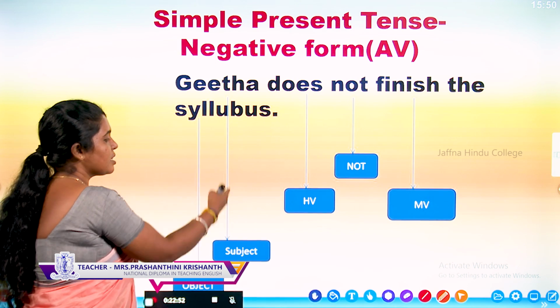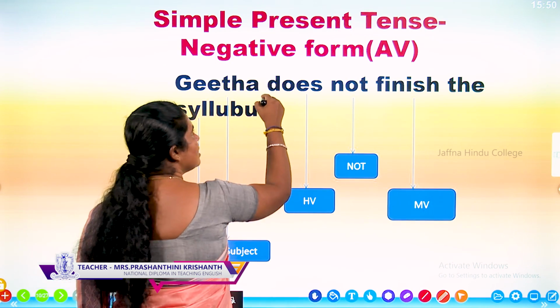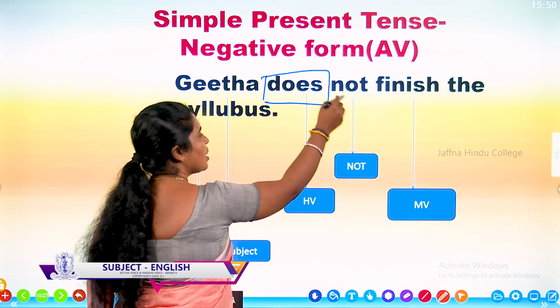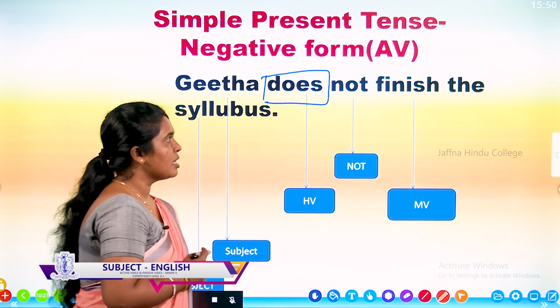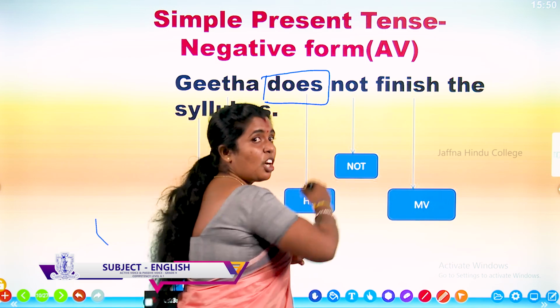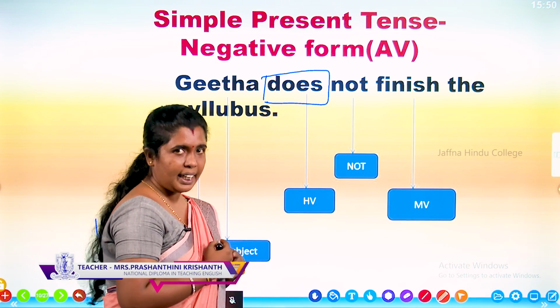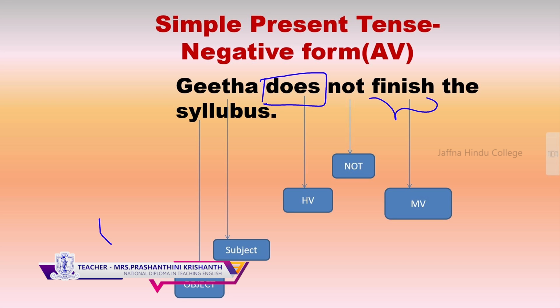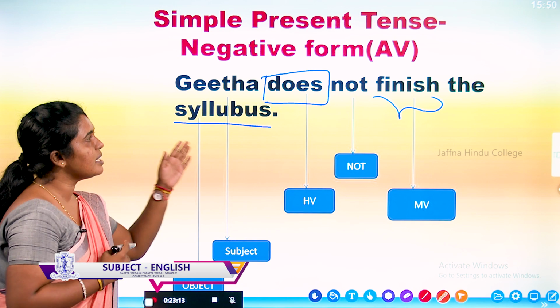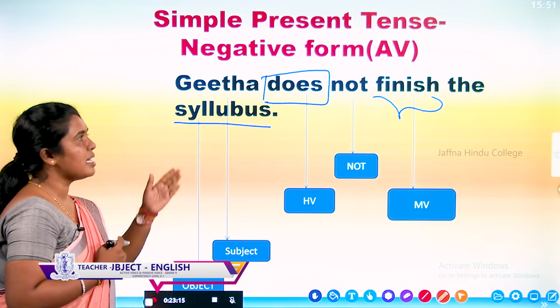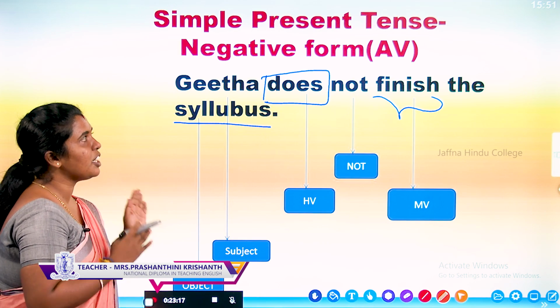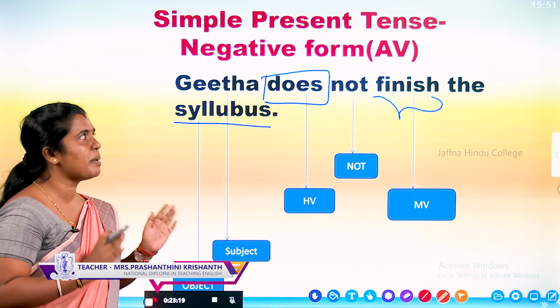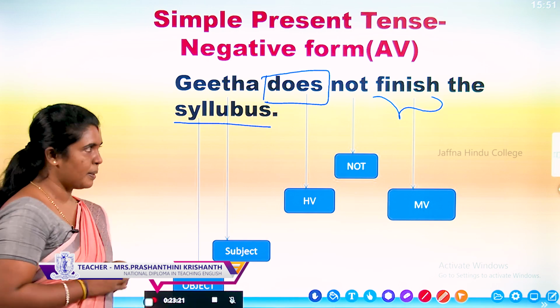So subject, then the helping verb, after that not. Why we are using not here? Because this is negative sentence. Not, the main verb, finish the syllabus. Syllabus is the object here. So Geetha doesn't finish the syllabus. So this is an active voice negative form simple present tense sentence.